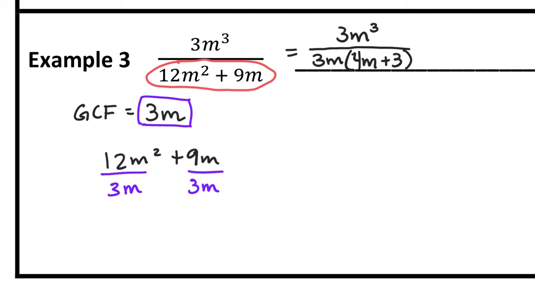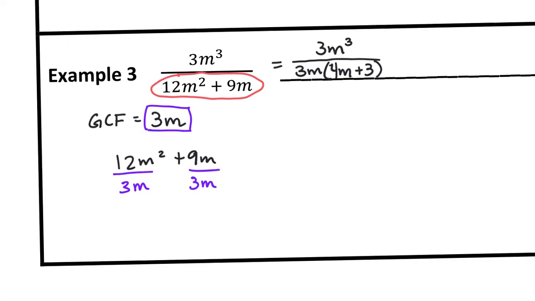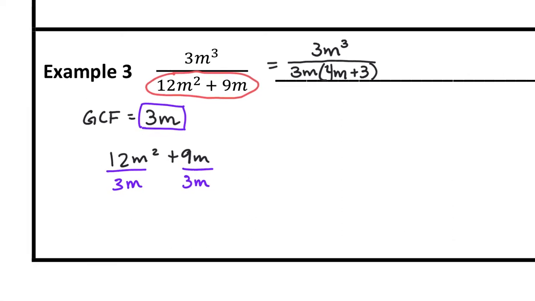All right, and then let me zoom out a little bit. Then over here we can see that the 3's are going to cancel. These 3's are going to cancel.